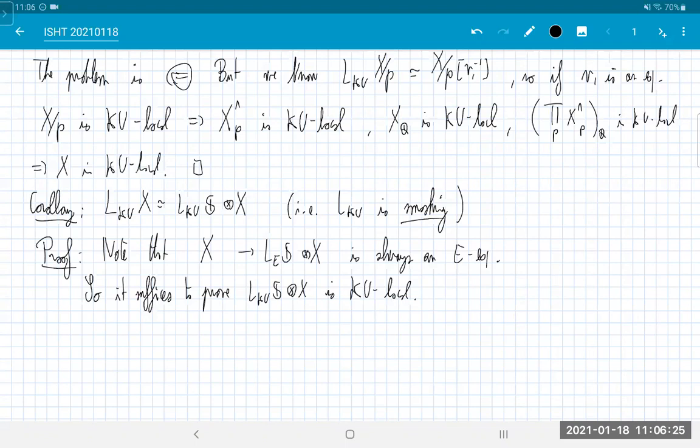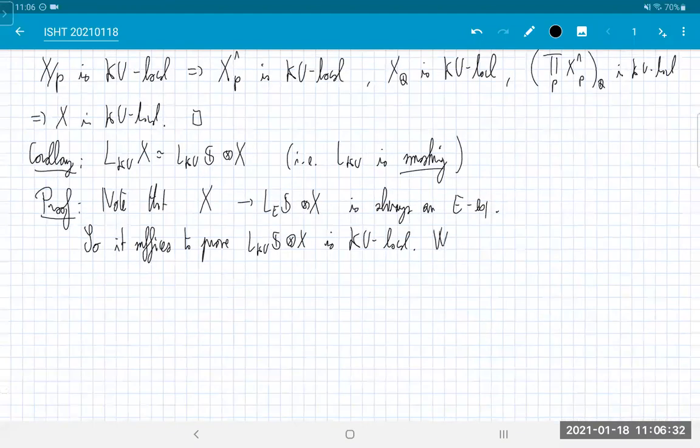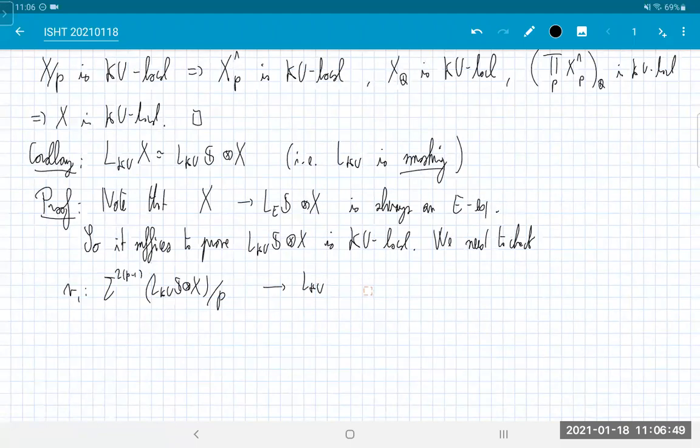But now we have a very convenient criterion to check when stuff is KU local. So we need to check that v1 from Σ^(2p-2) L_KU S tensor X mod p to L_KU S tensor X mod p is an equivalence.